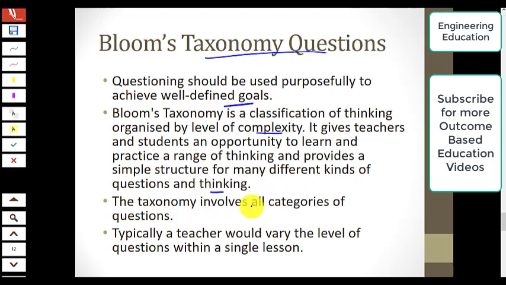The taxonomy involves all categories of questions. Typically, a teacher would vary the level of questions within a single lesson, so the complexity level can be varied from simple to complex within a specific course.